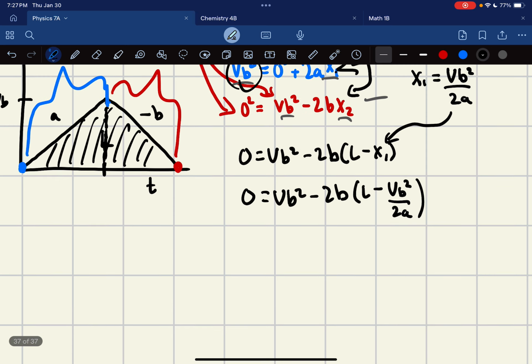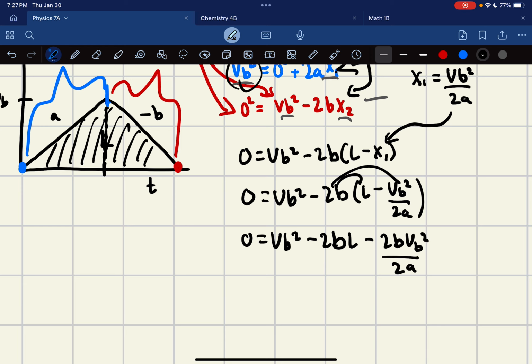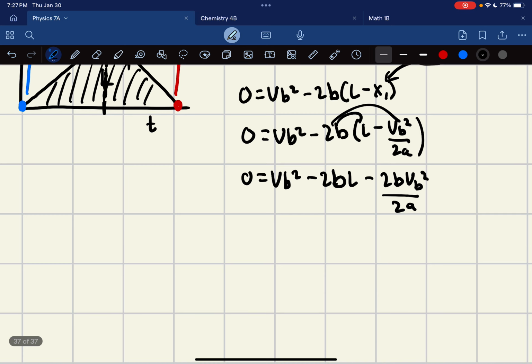Now all we have to do is use the distributive property. We get 0 equals VB squared minus 2 big B L minus 2 big B VB squared over 2a. This looks like a pretty easy equation. Technically it is a quadratic equation, but we're not going to have to use the quadratic formula because there are no single VB terms.